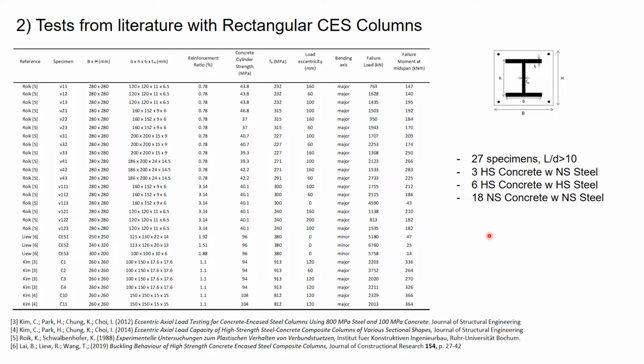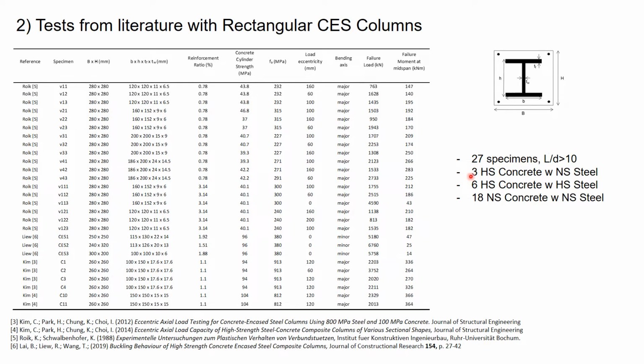And also we checked in the literature for this kind of topology for rectangular CES columns. We looked for the tests which were done with this section topology, and we were able to find 27 specimens which were relatively slender. We made sure that slenderness was such that L over D, being the length of the column over the section depth, is greater than 10. And satisfying this criterion, we found 27 specimens.